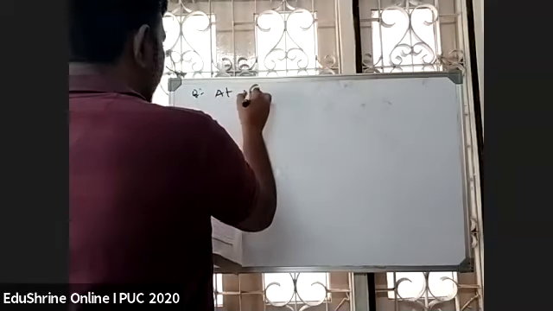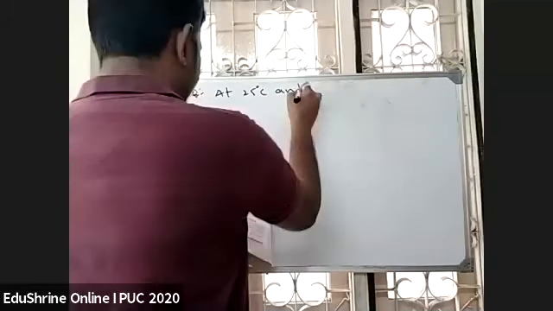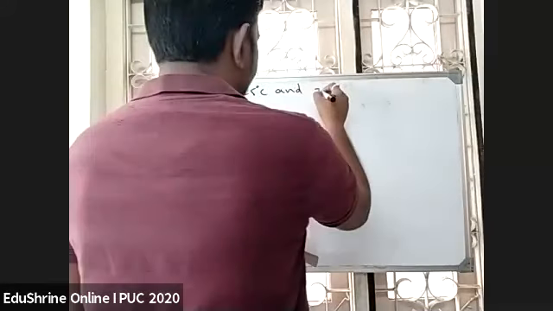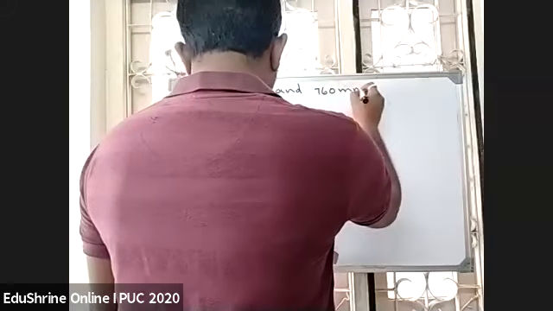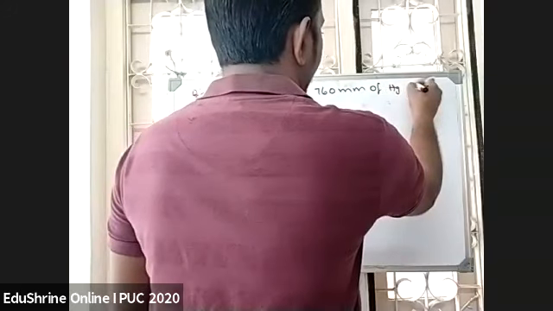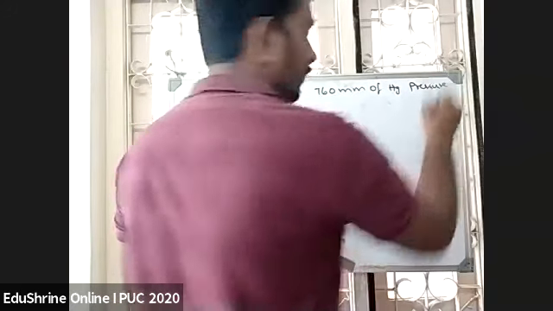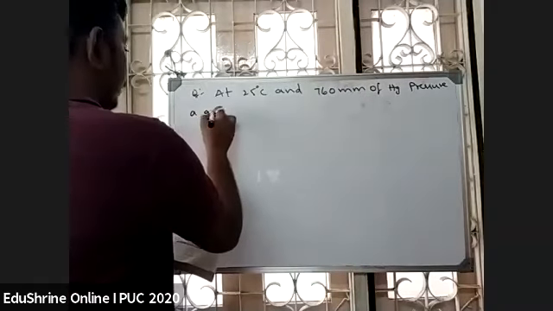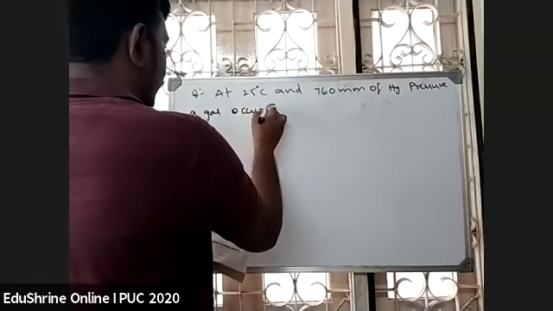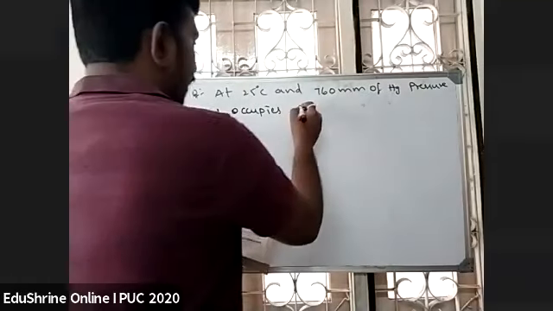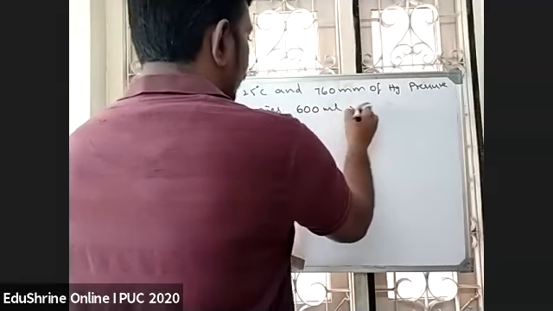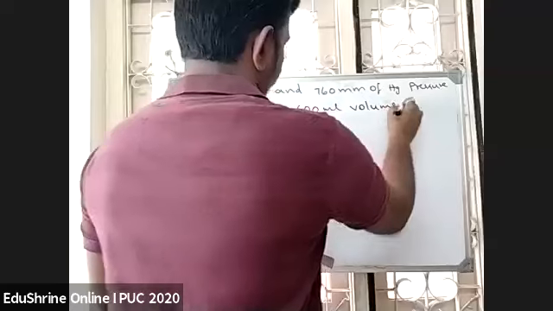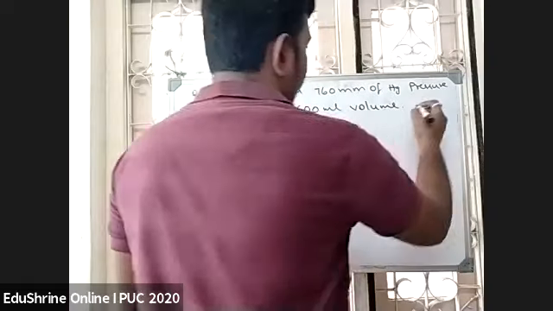At 25 degrees centigrade and 760 mm of Hg pressure, a gas occupies 600 ml volume.